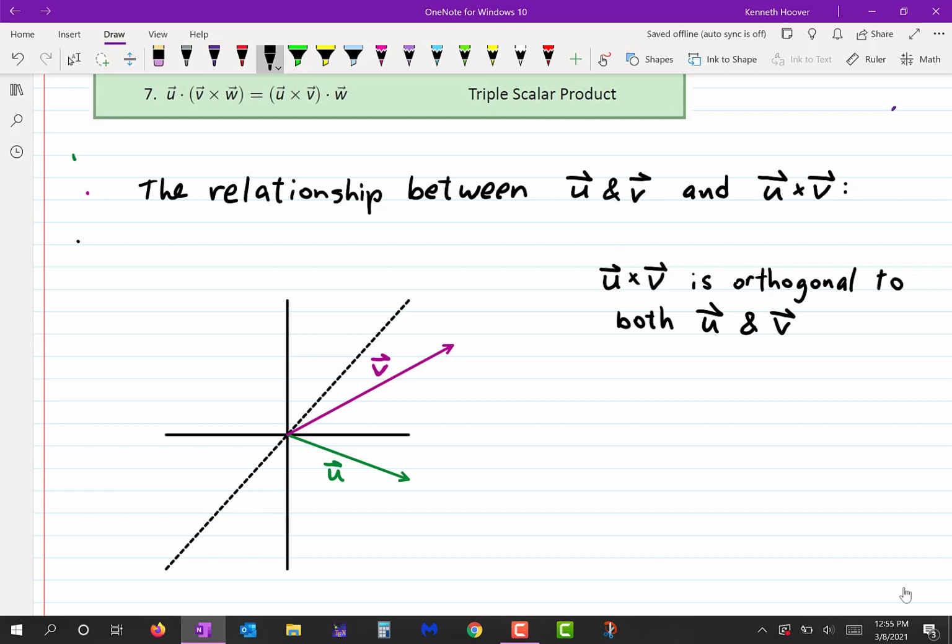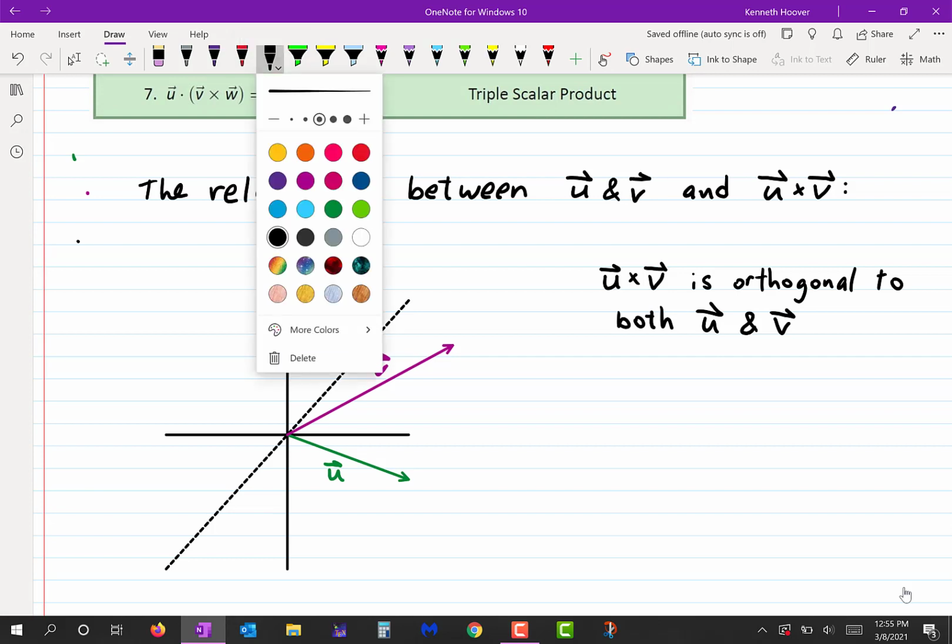Okay? It's orthogonal to both of them. Remember, orthogonal means perpendicular.